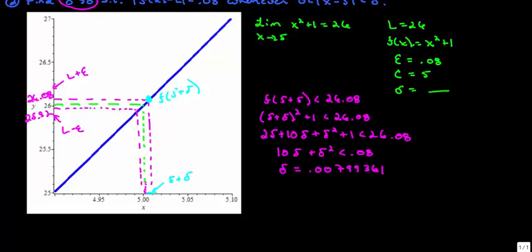So here's what I'm saying. If you go out this way to 5.00799361, if you take any number in between 5 and that number, you'll get a height value that's less than 26.08.